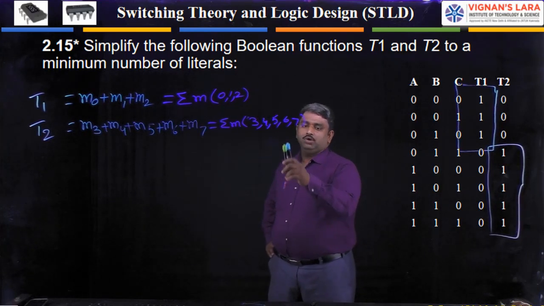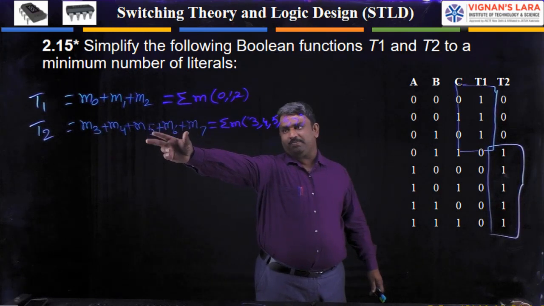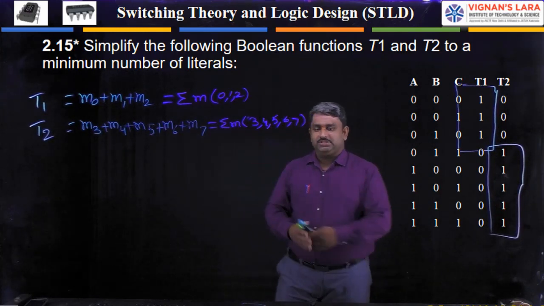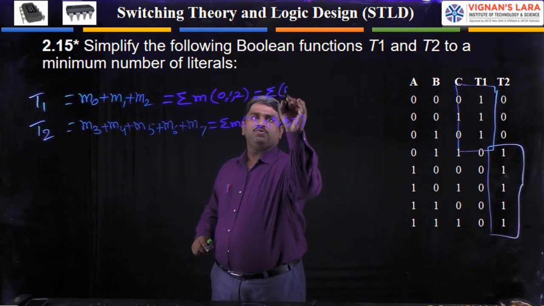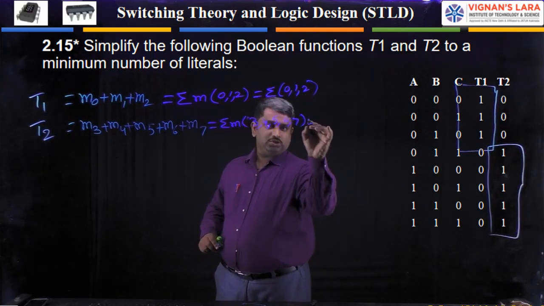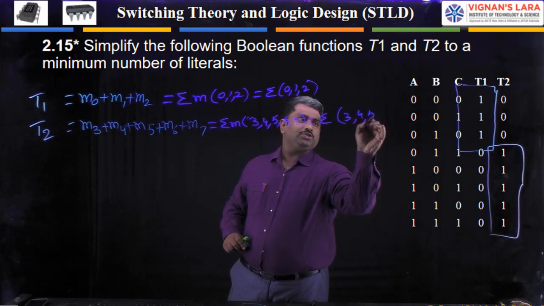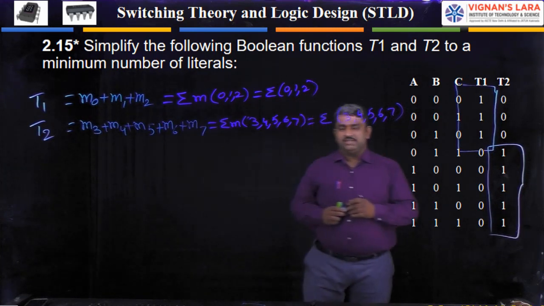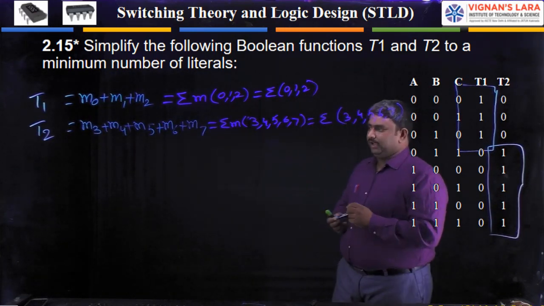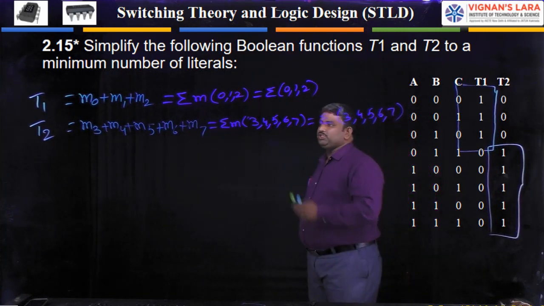We have to write down the sum of minterms, and we have represented the sum of minterms in this way. We can write sigma of 0, 1, 2. So I have written the maximum possible combinations of the given functions T1, T2 in this way. So the question is that you have to simplify.